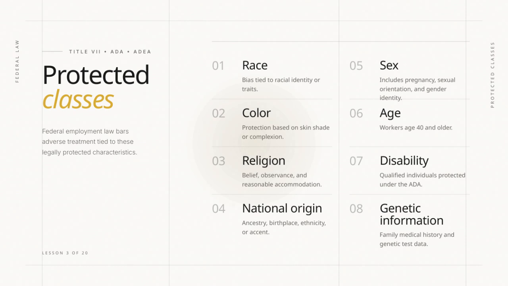Disability protections extend to qualified individuals under the Americans with Disabilities Act, providing safeguards for those with physical or mental impairments. Finally, genetic information is protected to prevent discrimination based on family medical history or genetic test data. Together, these categories form the foundation of federal employment law, aimed at creating fair and equitable workplaces for everyone.